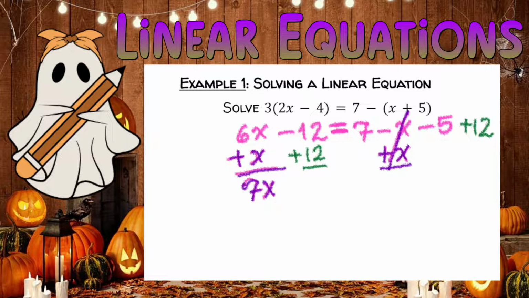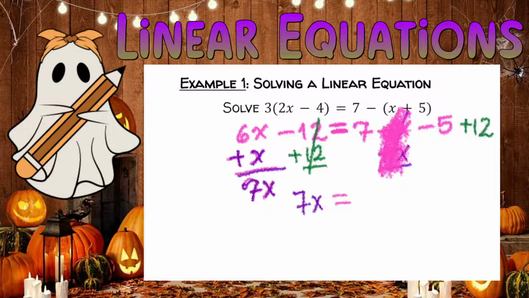Next step. In the next step, this is gone, right? On the left side, I just have 7x equals, now on the other side, this minus sign has nothing to do with the 7 in front of it, okay? That was attached to the x and it is gone.